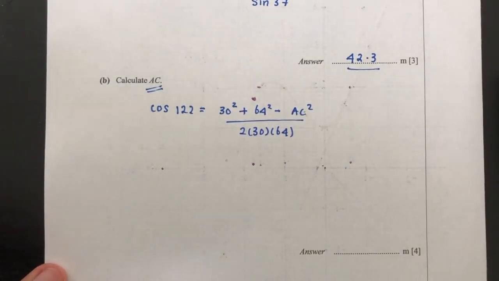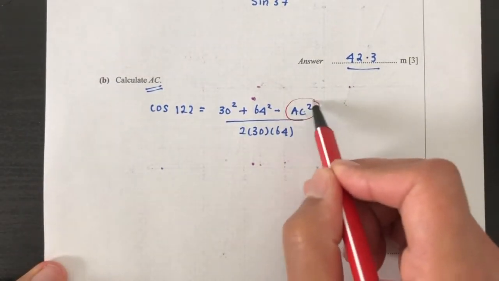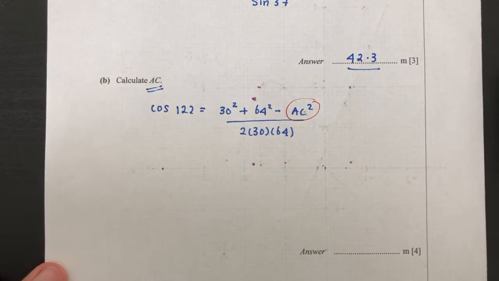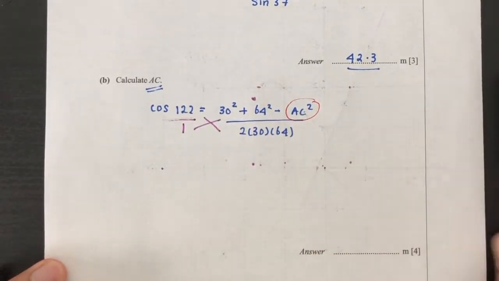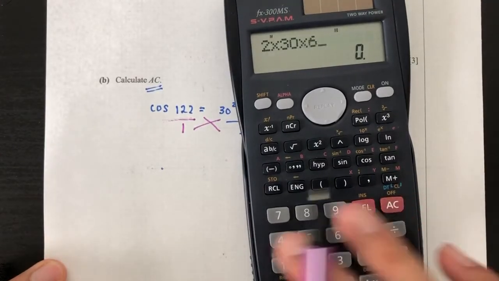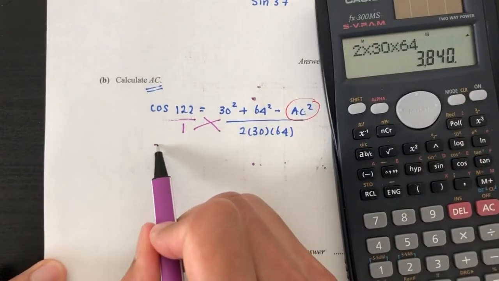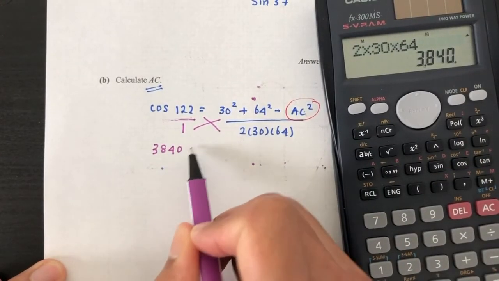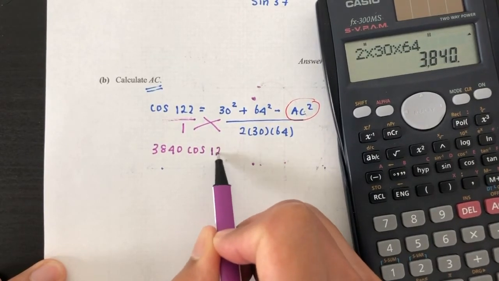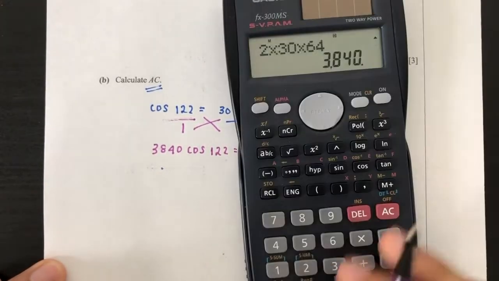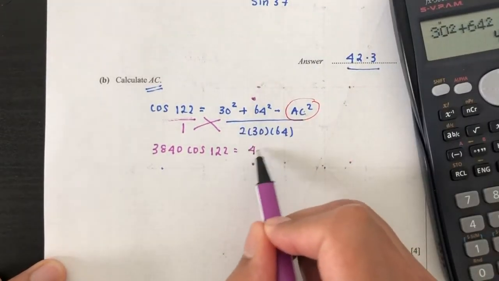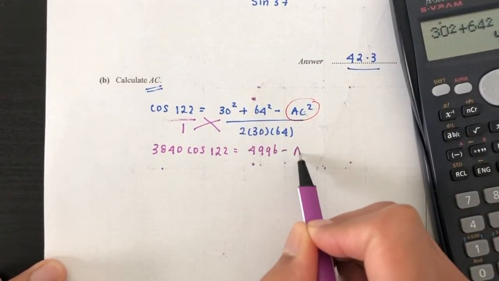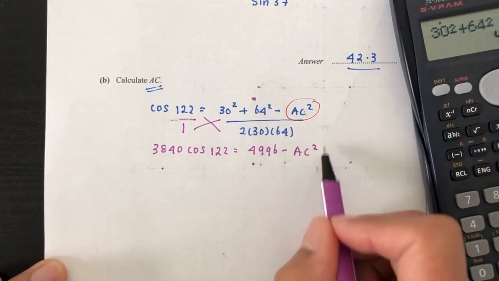Now we make AC the subject of formula. First step, as always, we cross multiply. 2 times 30 times 64 is 3840, so 3840 cos of 122 equals, what is 30 square plus 64 square? That will be 4996 minus AC square.